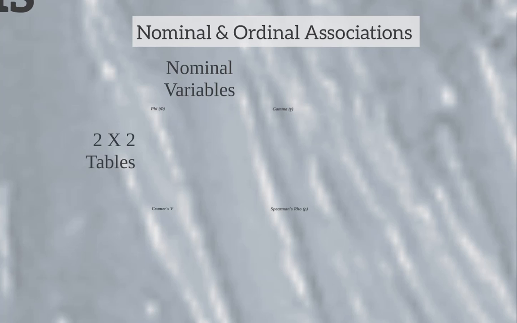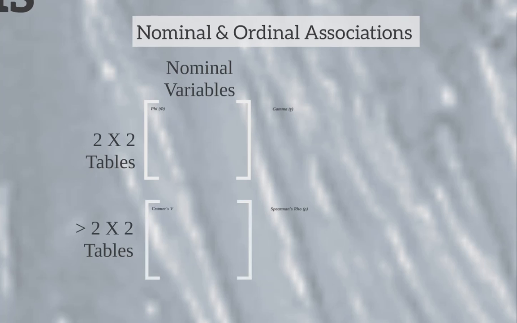There are 2x2 tables that can be used for nominal variables, and then tables that are greater than 2x2 tables. When we're calculating statistics for 2x2 tables, what we will be using is called the phi coefficient, or just phi. It's the Greek letter phi. For tables that are greater than 2x2, we'll be using what's called Cramer's phi. And we'll go into each of these in more detail.